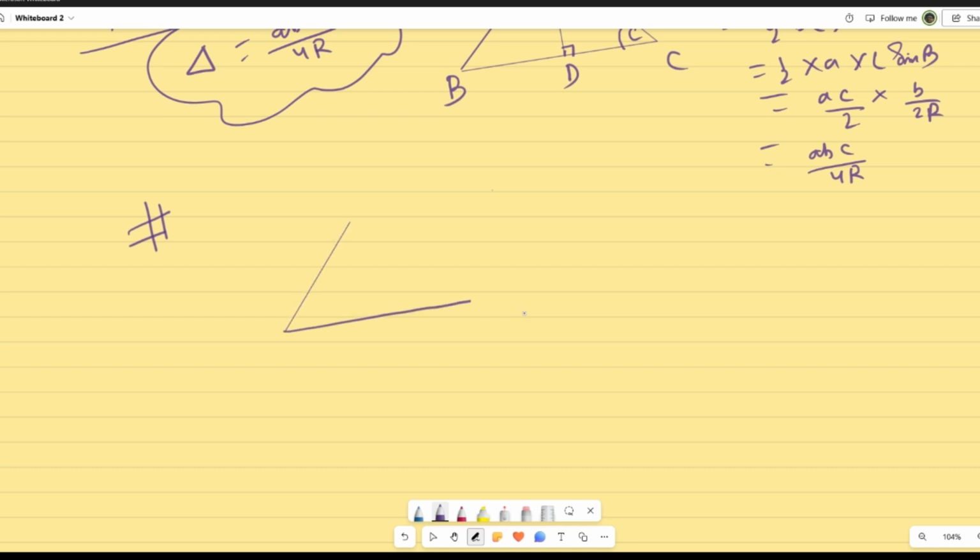Same triangle we are taking here with the same notation. ABC, A, B, C. This one A and this one is equal to C. Okay.